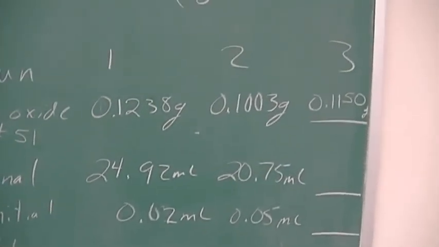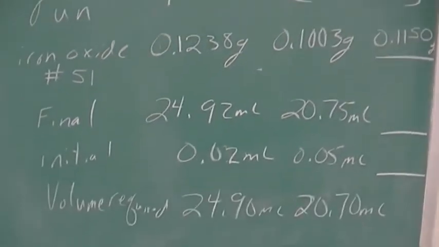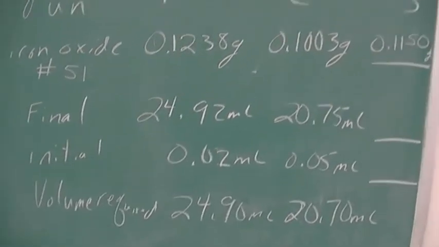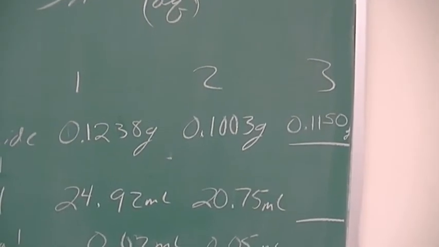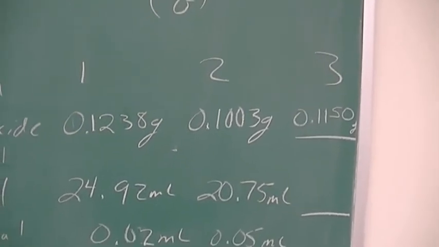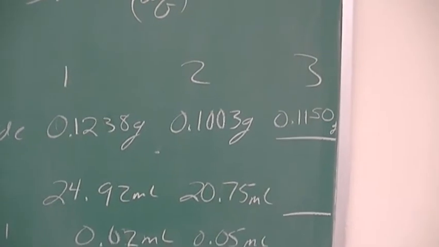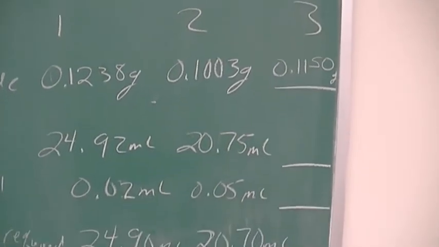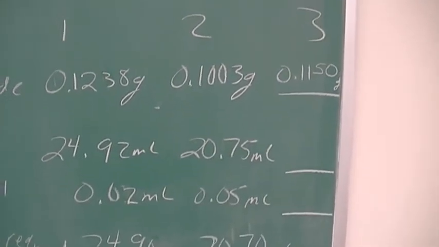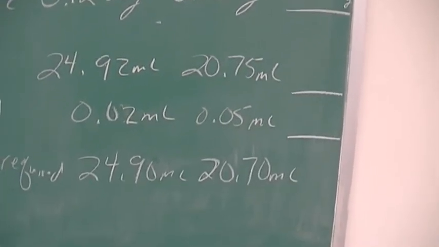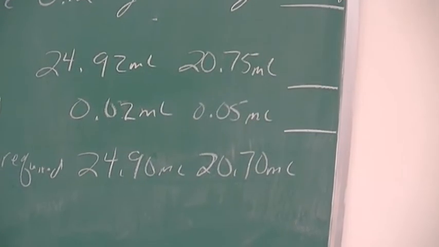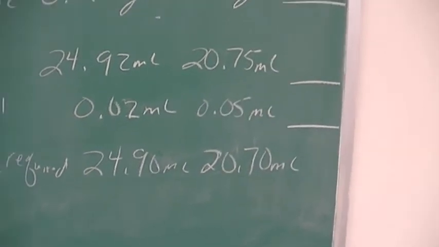For run 2, since I almost used up the entire amount of my burette, I added less. I added 0.1003 grams of iron oxide, number 51 unknown. My initial was 0.05 mL. My final was 20.75 mL. In order to do the titration to the end point, it required 20.70 milliliters.